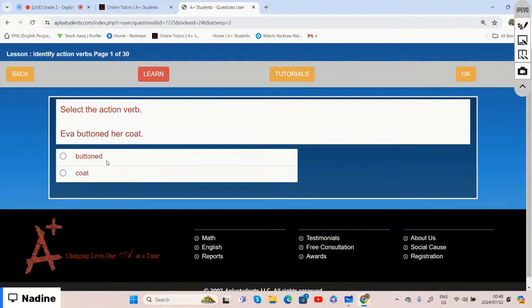She buttoned or she coat? Eva buttoned her coat. Do we say buttoned that tells us what she did, or coat that tells us what she did?